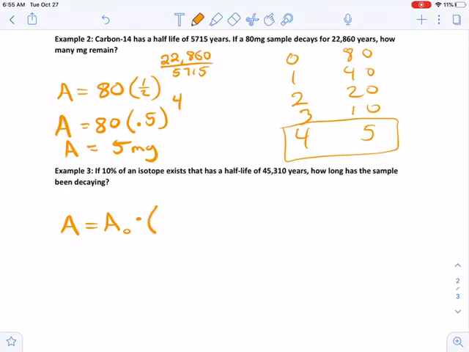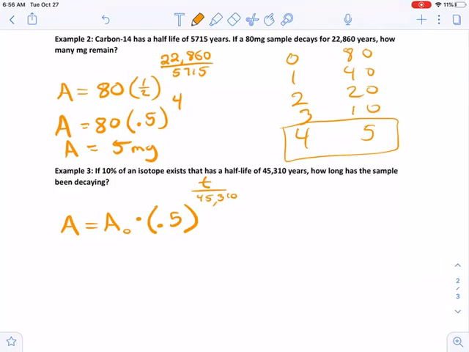So I should have highlighted that earlier. I am going to call this 0.5 because it's easier to deal with. Has a half-life, so we're not going to know this. And then this is 45,310. So this one definitely takes a while to decay.